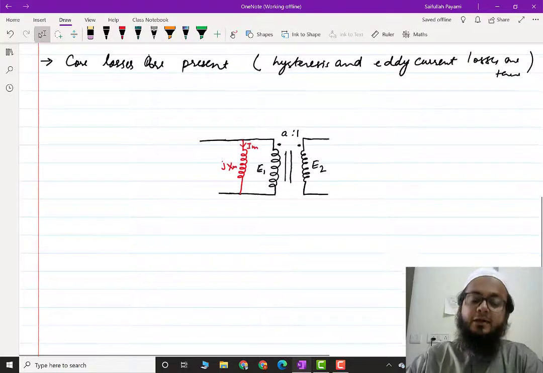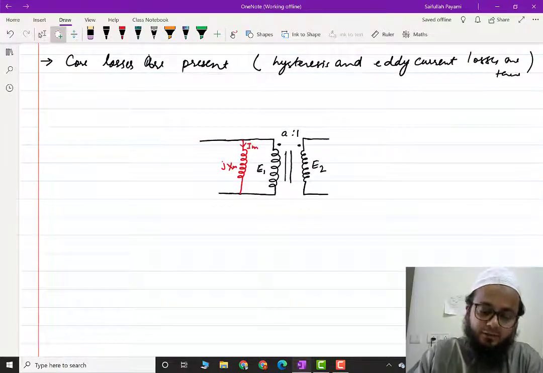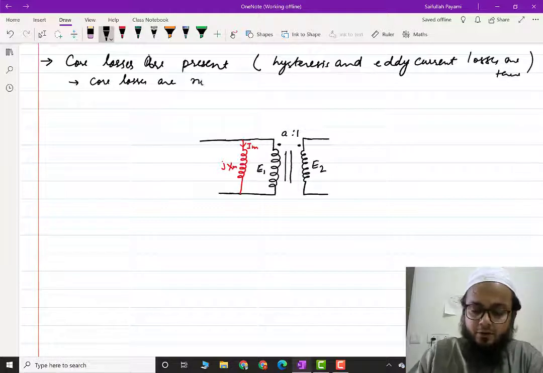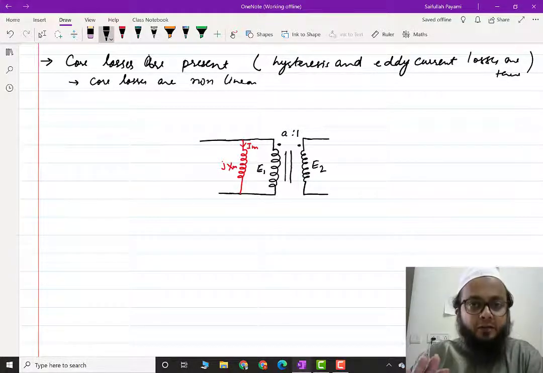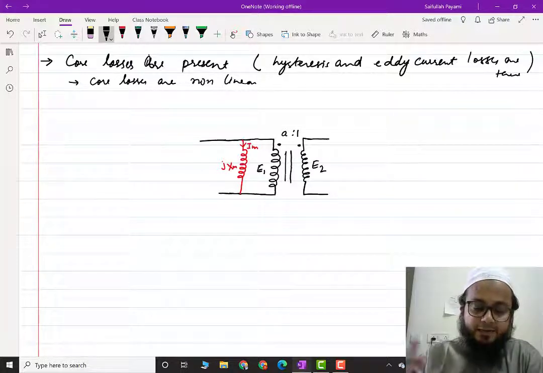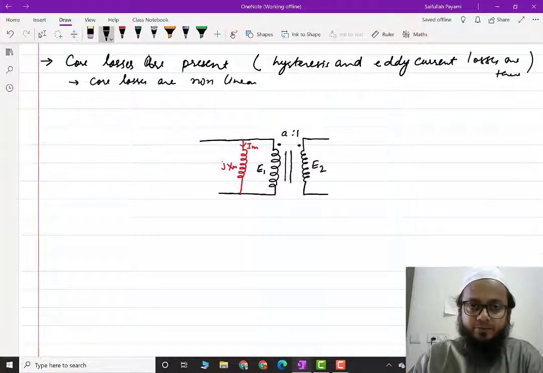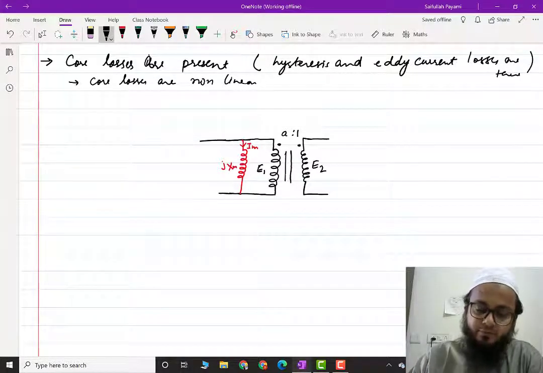The core losses are present. These core losses are non-linear, but for a particular frequency and a particular voltage, the core losses would be constant. So we would be representing the core losses by a resistance.